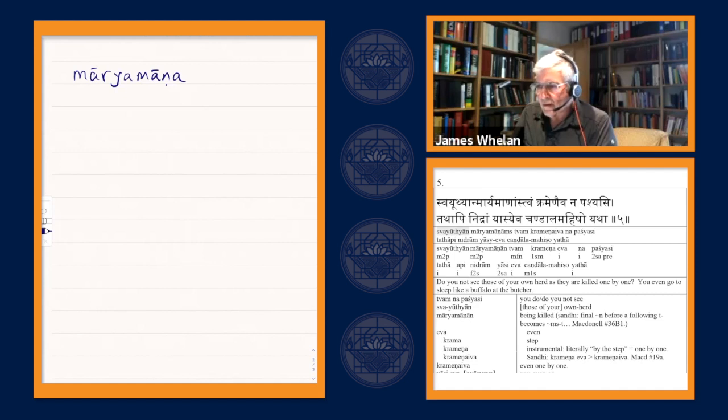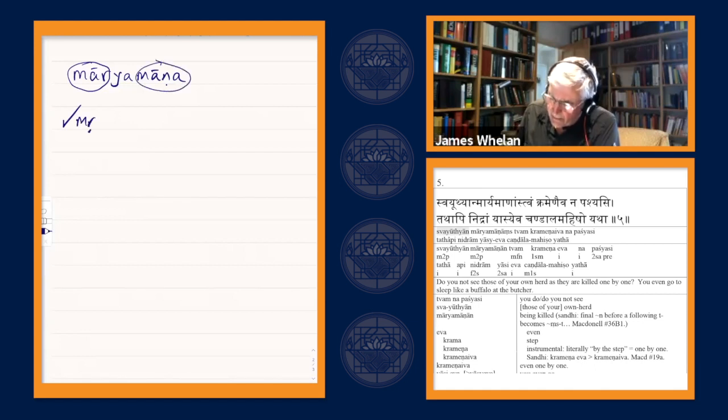Now, there are two things we want to talk about in this word. The root, or variation of the root Maria, the root actually is mri, meaning to die, and this ending mana, meaning being done. It's the passive participle ending.